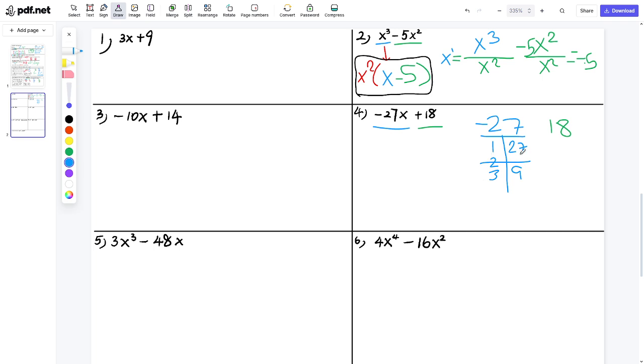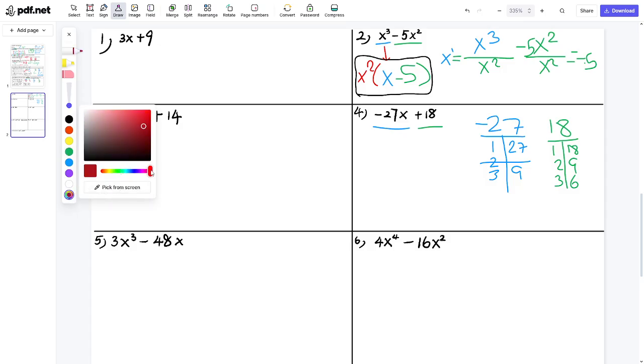So we just have 1, 27, 3, and 9. And for 18, we have 1, 18, 2, 9, 3, 6. I don't think the other ones work. Now we are going to find our GCF. Just look for the largest number, which is 9.